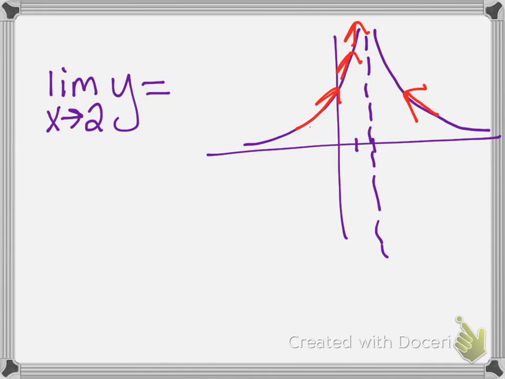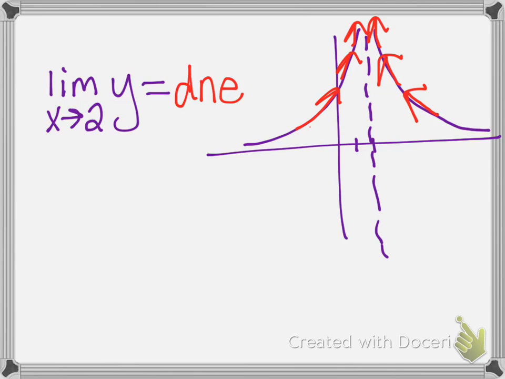As we come in from the right, we are once again headed up towards positive infinity. And what OnRamps has said is that any infinite behavior is automatically going to be the limit does not exist. So if you are headed up to positive infinity, if you are headed down to negative infinity, if you are diverging and headed both directions like the previous graph, it automatically does not exist.